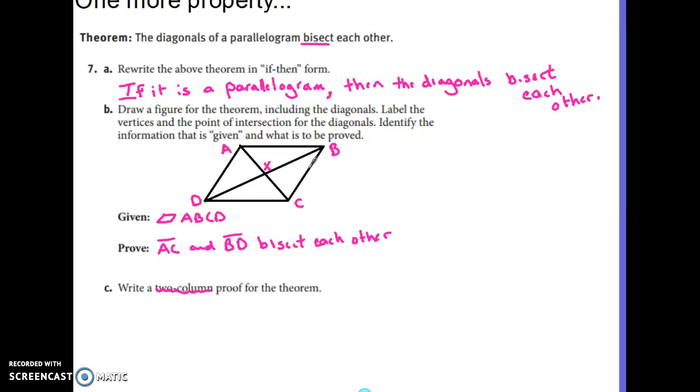As I look at these two triangles, think to yourself, what do I know is congruent between these? You're right, I've got some vertical angles, right here. Perfect. What else do I have? You're right, this is a parallelogram, so let's use one of the properties we already know. Don't we know the opposite sides are congruent?